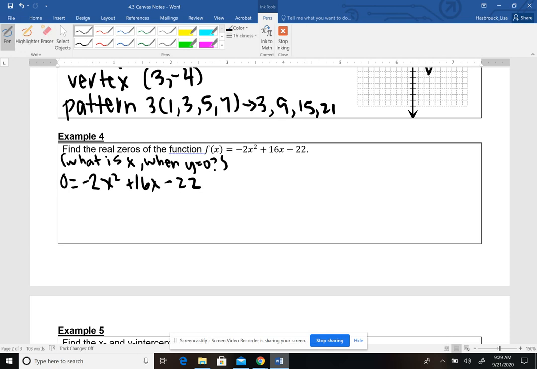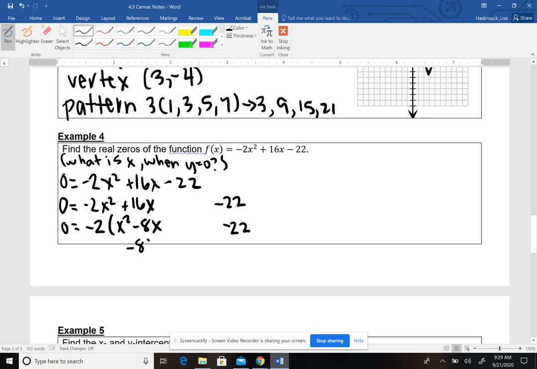Let's go ahead and try completing the square. 0 equals negative 2x squared plus 16x. I'm going to move the negative 22 over. Now, I'm going to take a negative 2 out of those first two terms. So I get negative 2 times x squared minus 8x. Notice I didn't do anything to the minus 22. I'm going to take that negative 8, divide it by 2 to get negative 4, square it to get 16.